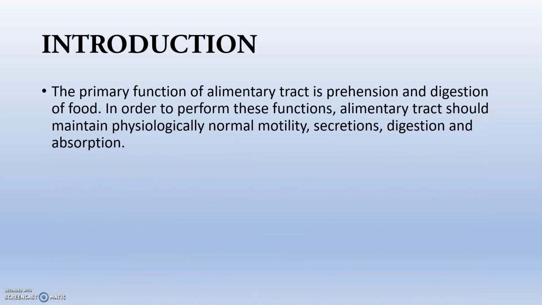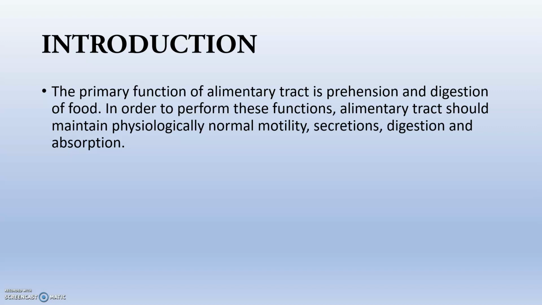So moving to the introductory part. The primary function of the alimentary tract is prehension and digestion of the food. In order to perform these functions, the alimentary tract should maintain normal motility, normal secretions, normal digestion, and normal absorption. These four processes are to be maintained in a physiologically smooth manner for proper functioning.